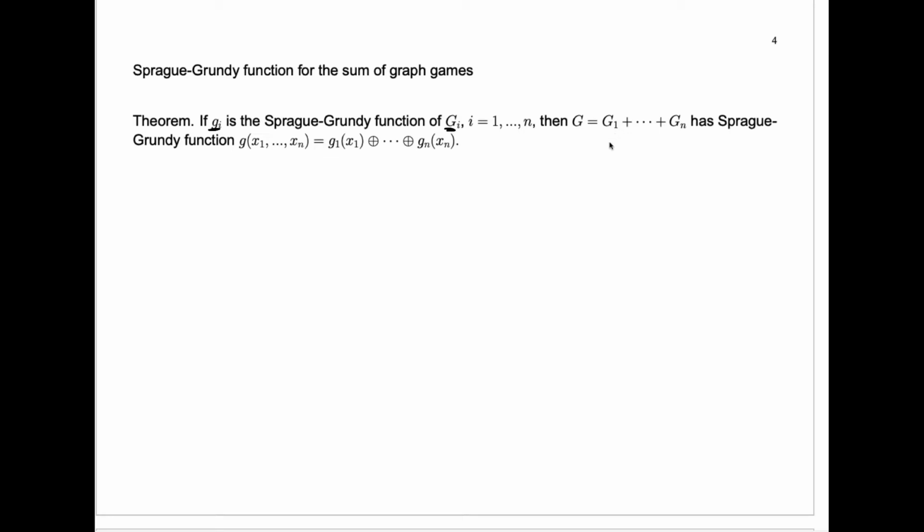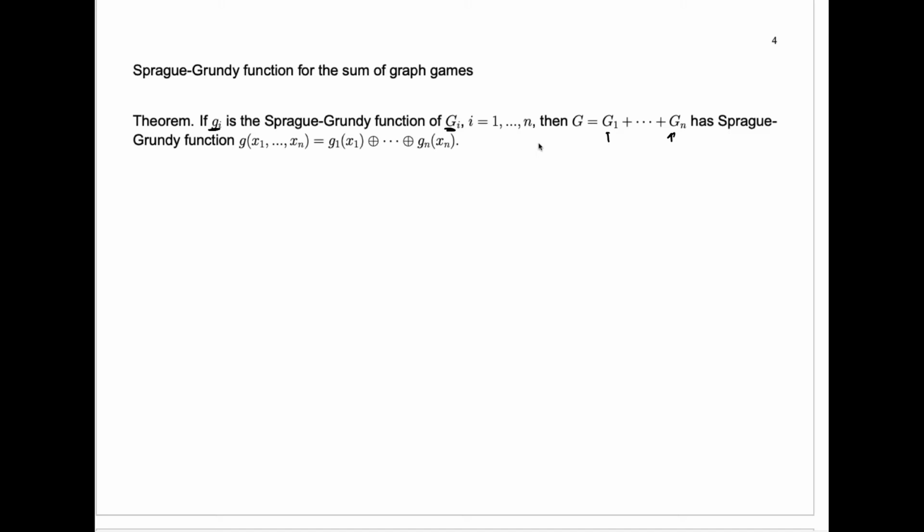So if you know the Sprague-Grundy functions for each individual game, the question is, how do you get the Sprague-Grundy function for this new sum of games where players alternate turns and get to pick, taking a move at any game they want? Player 1 picks a game, makes a move. Player 2 picks a game, makes a move. Player 1 goes back, picks a game, makes a move. What would the new Sprague-Grundy function be?